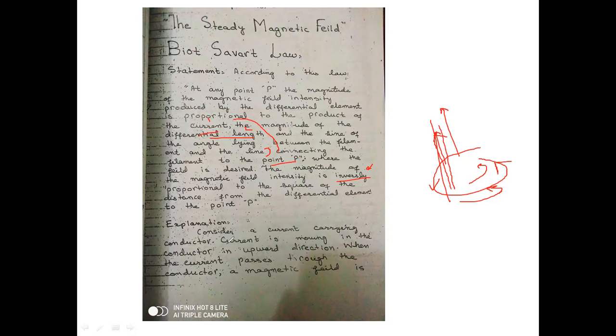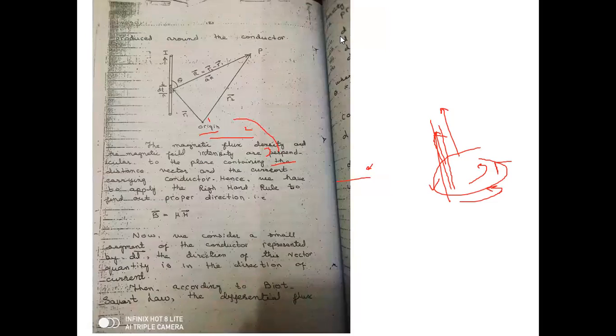Now the explanation. Consider a current carrying conductor, and the current is moving in the conductor in the upward direction, as you can see from this figure.